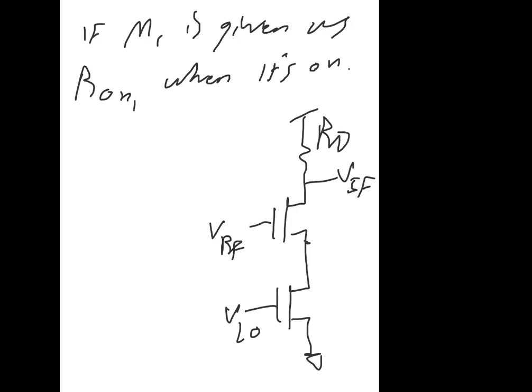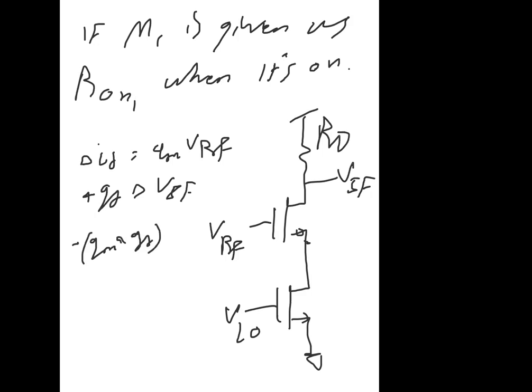Okay, so from my point of view, as I told you before, delta ID is equal to GM times VRF. Okay, now we have this as NMOS, this is NMOS, plus GD times delta VIF minus GM plus GD, okay, VX. If we want to solve it, we take delta ID.